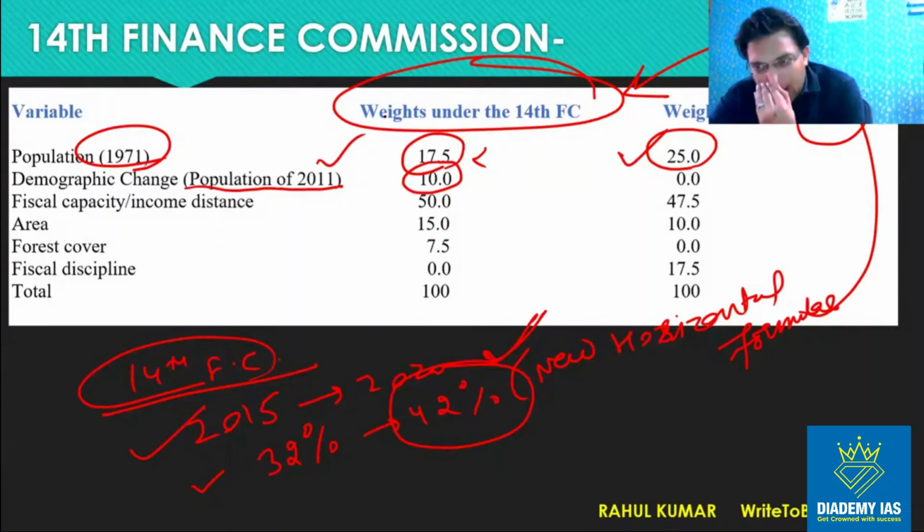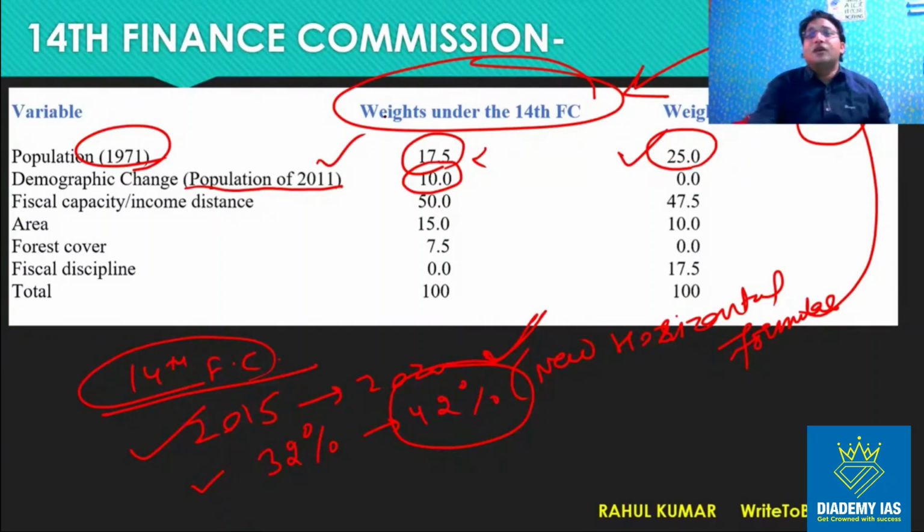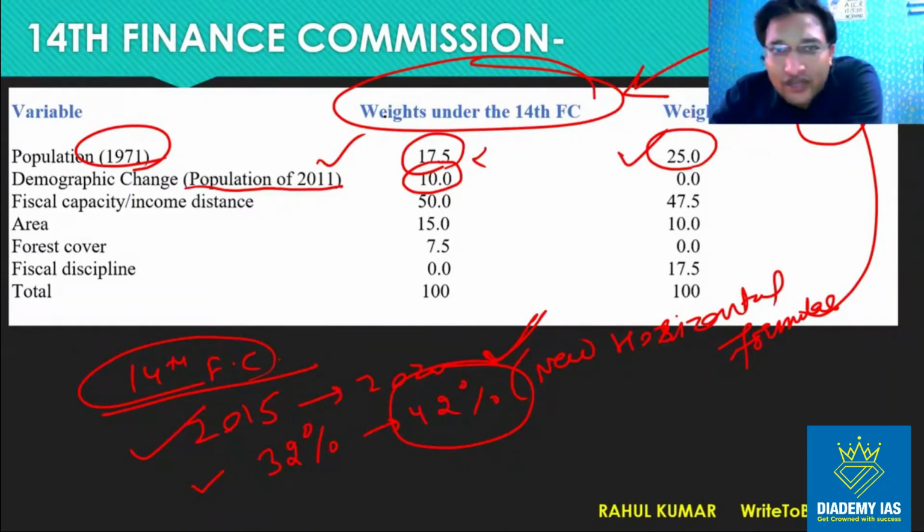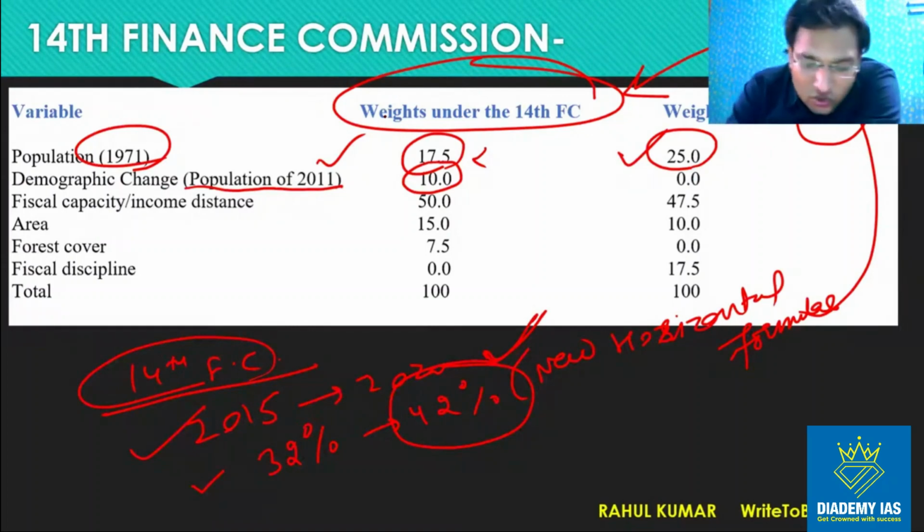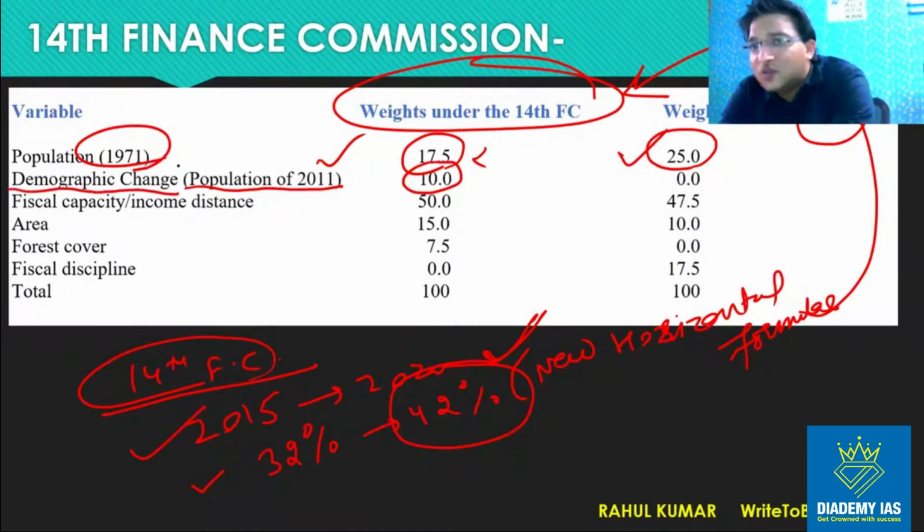So we are not disincentivizing the southern states, but at the same time we have to take care of the increasing population and the requirement of the northern states, right? So this is why this 2001 to 2011 population was also considered, right? And it was not population exactly, it was demographic change, how there has been a change, okay?